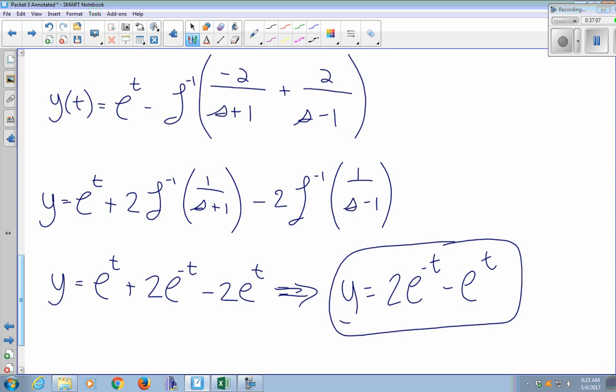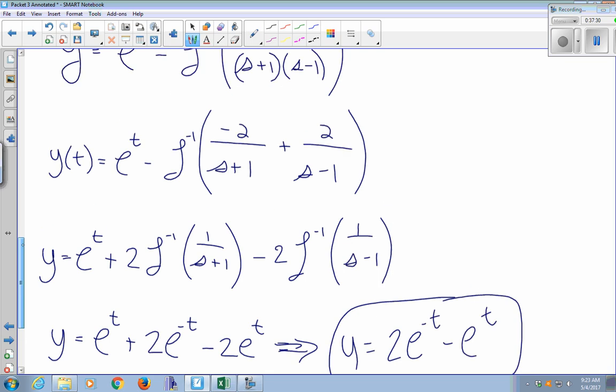So it must have been that the eigenvalues were negative 1 and 1, right? So the general solution is k1 e to the negative t plus k2 e to the t, and then using my initial condition, I got 2 and negative 1.